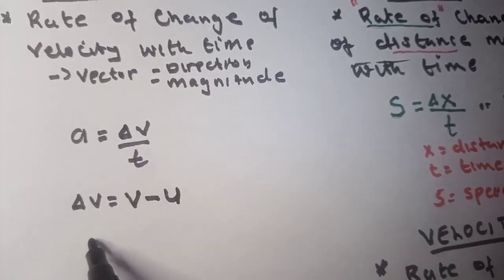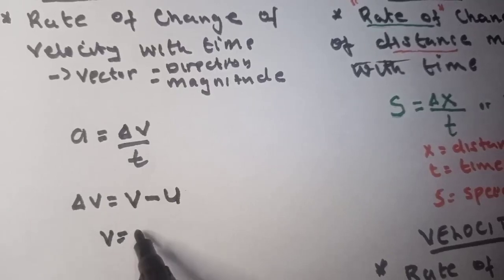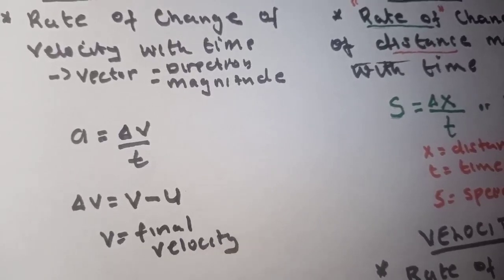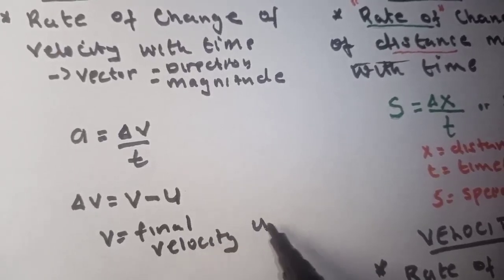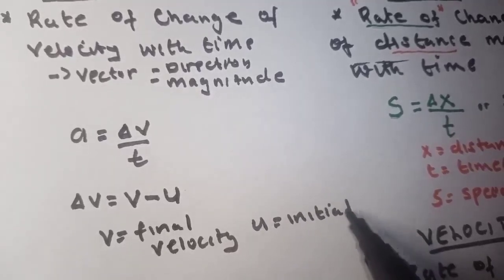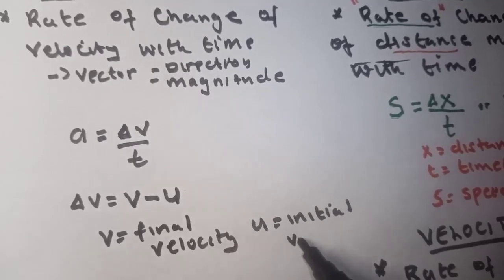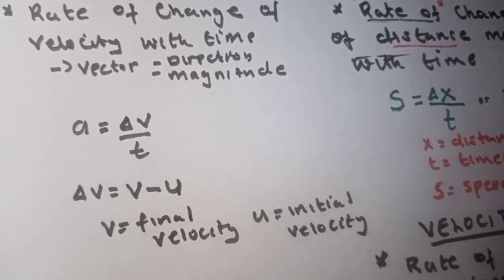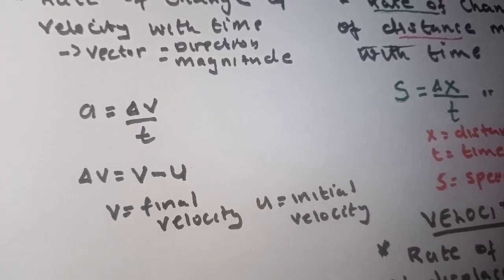U. Where this v is the final velocity, and the u is the initial velocity. When I say initial velocity, I'll use the letter u.